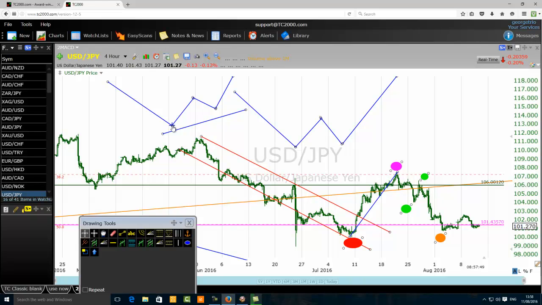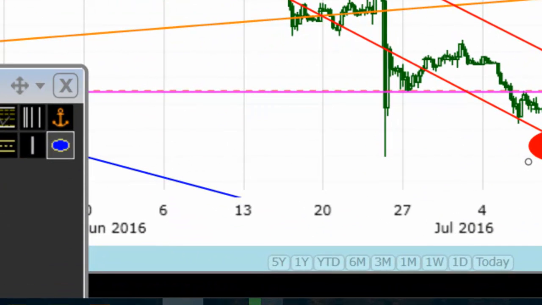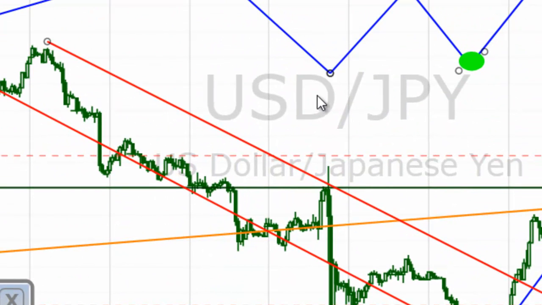But the first thing that should come into your mind if you are thinking of Fibonacci patterns is the Gartley pattern, because the second low is quite far away from the first low. But for the bat pattern, the second low is not far away from the first low.